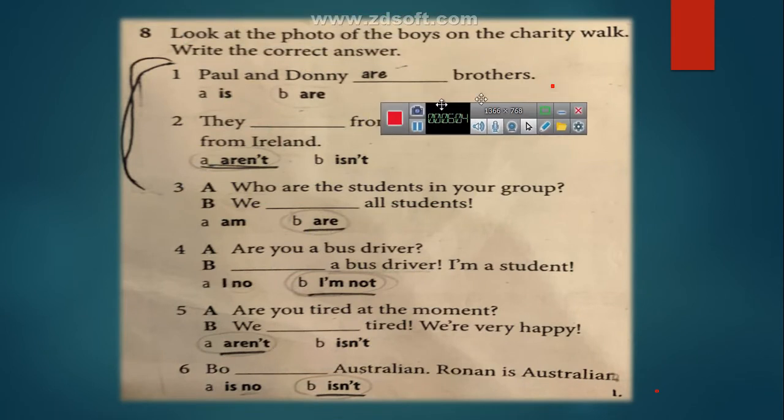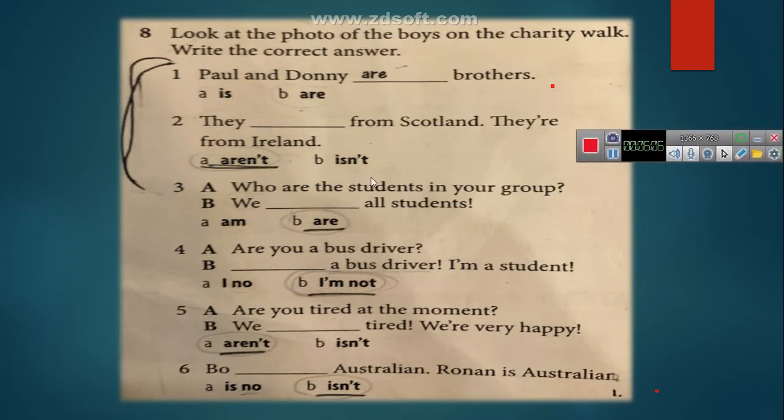The next exercise, we will choose an auxiliary verb. Here, look at the photo of the boys in the charity walk. Write the correct answer. He refers to the photo in the student's book.